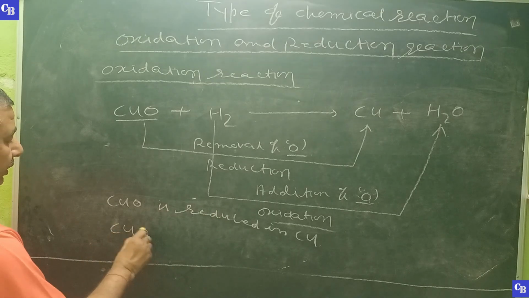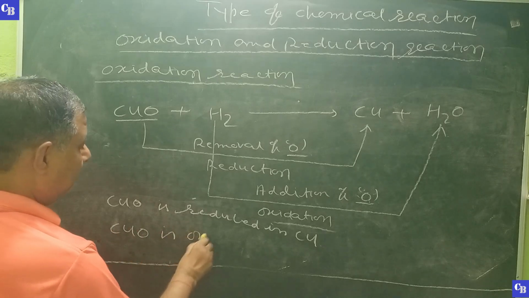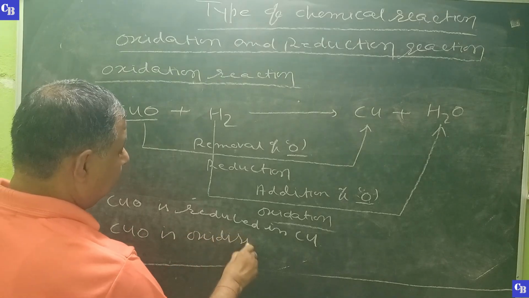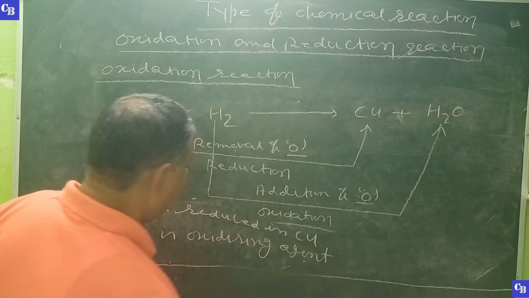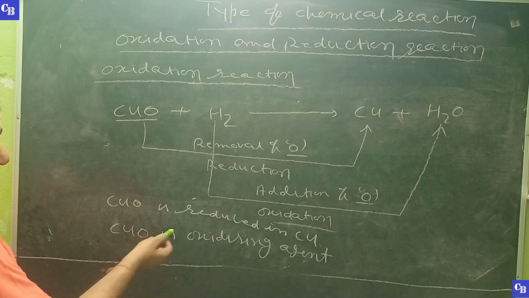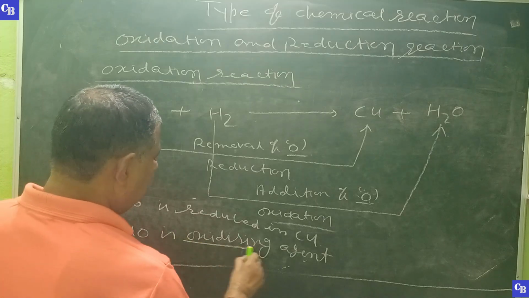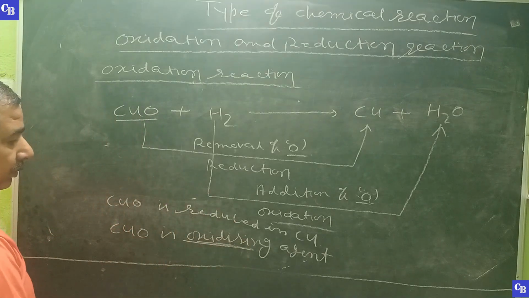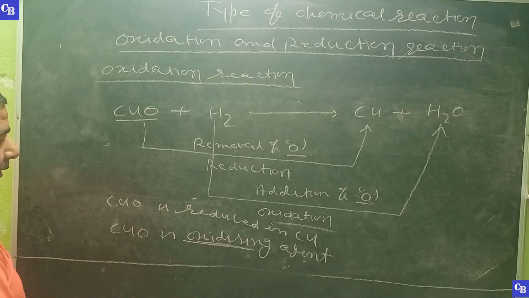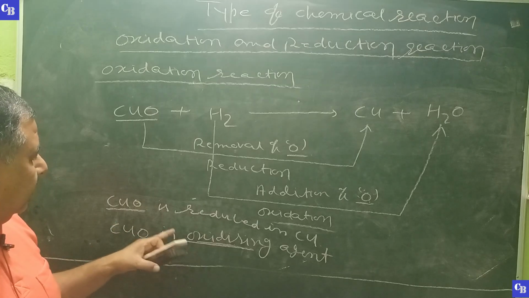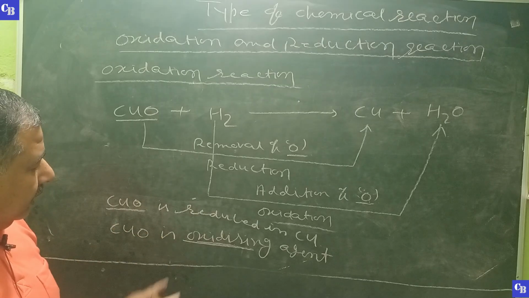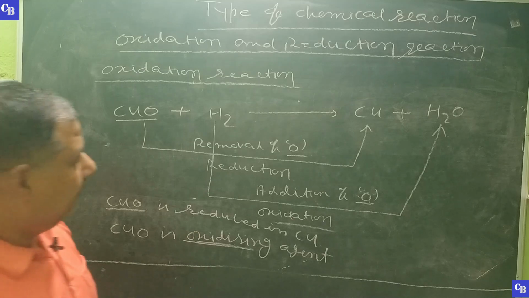So here cupric oxide is the oxidizing agent. You also understand that the substance which helps in oxidation is called the oxidizing agent.